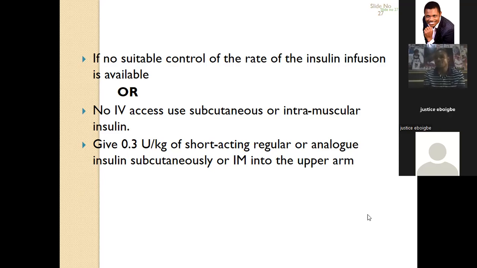Then today we have talked about how you can correct the dehydration over 48 hours, and also how you can use insulin therapy from the second hour of your correction. So I hope that this goes on well with you, and that you will not forget so soon.